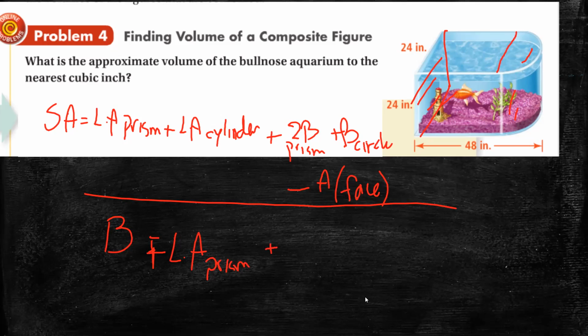So by now we found the lateral area of the prism, and the other base is not appearing here, and also plus the area of the circle and the lateral area of the cylinder.